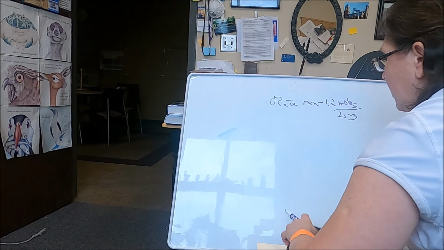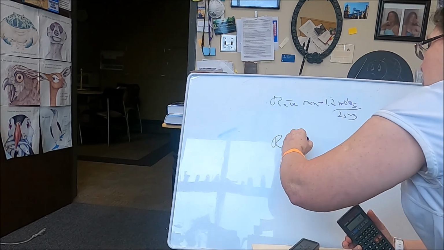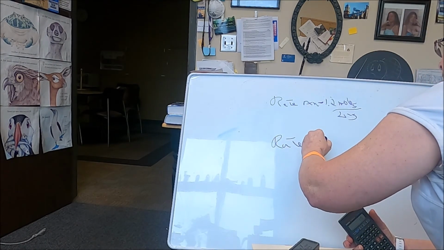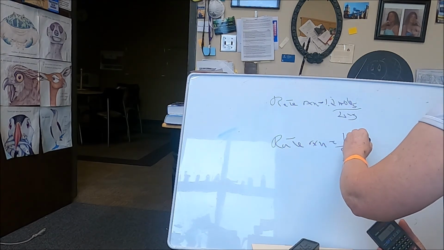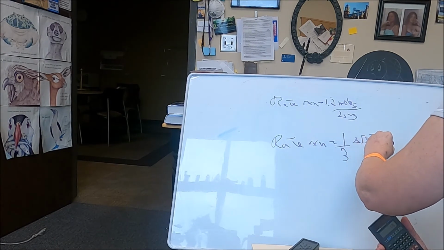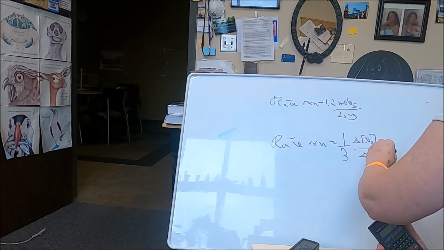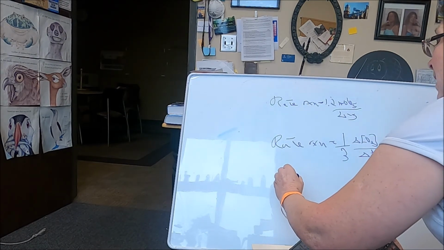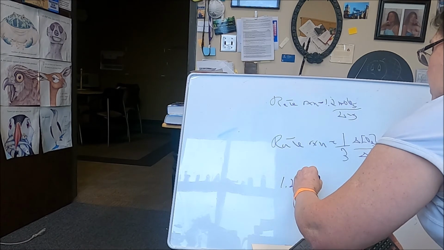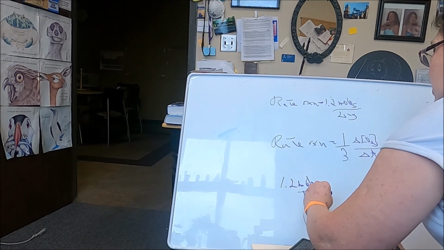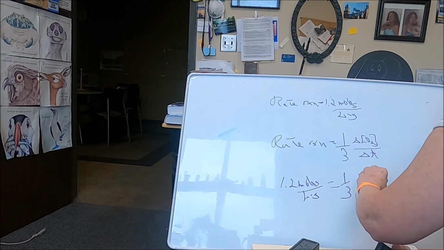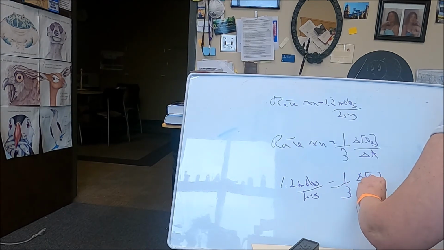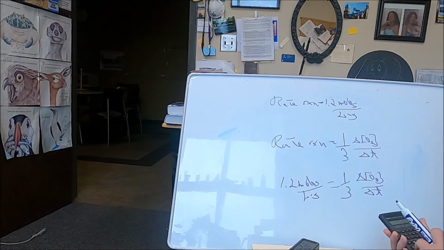Now, in terms of oxygen, the rate of the reaction is equal to -1/3 the change in concentration of oxygen with time. So I can say 1.2 moles over liters times seconds is equal to -1/3 the change in concentration of oxygen with time. Okay, I'm going to multiply through by 3.